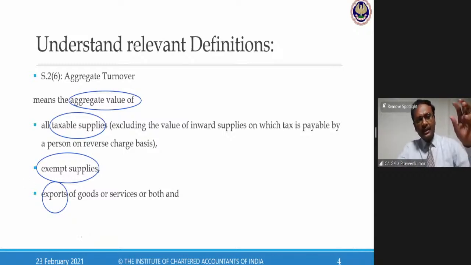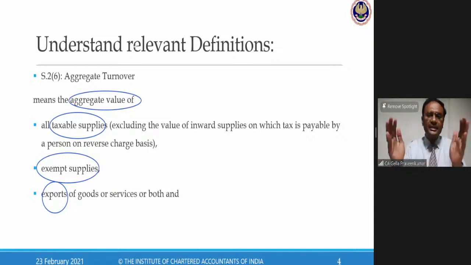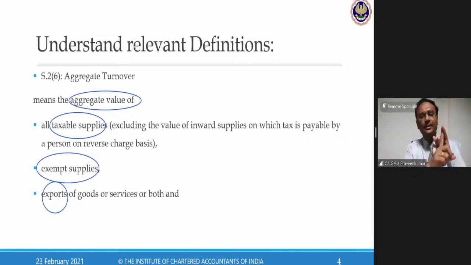So whenever they refer to this term aggregate turnover, it's a summation, an addition of taxable supply. What is a taxable supply? Again, the term supply, we have covered in our chapter on supply, section 7, where the faculty has taken you through widely to understand what all aspects are covered in this term called supply. So whenever there is a sale of goods, whenever there is a rendering of services on which I have paid tax, that is called my taxable supply.